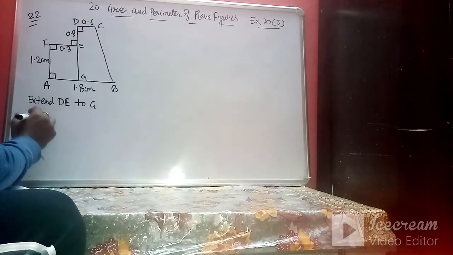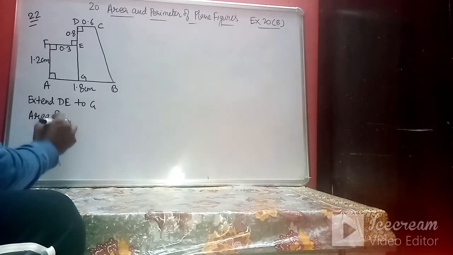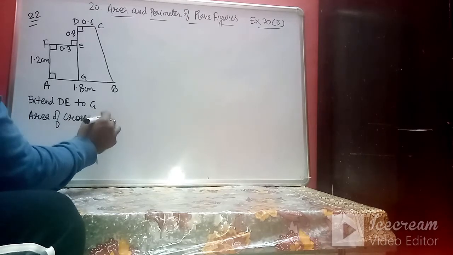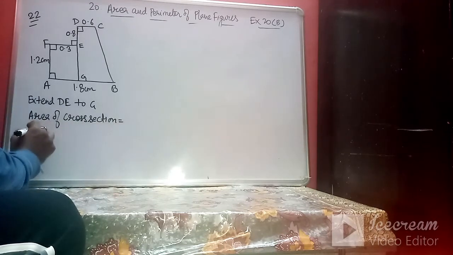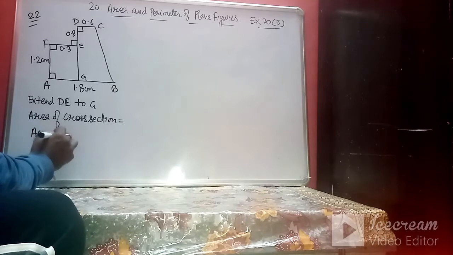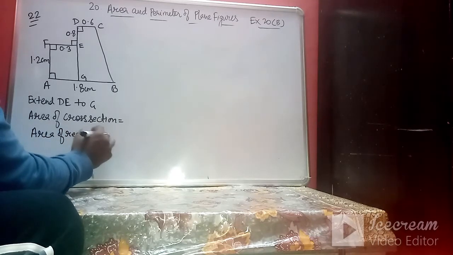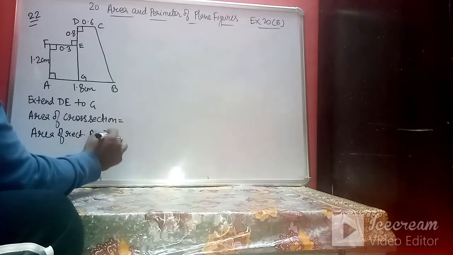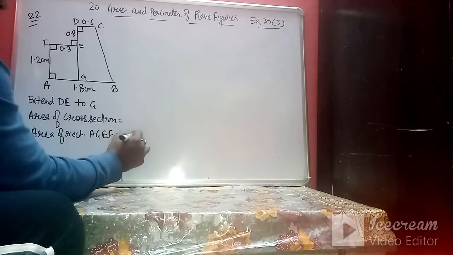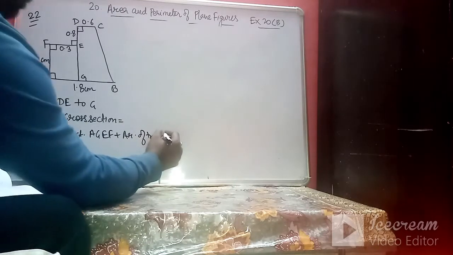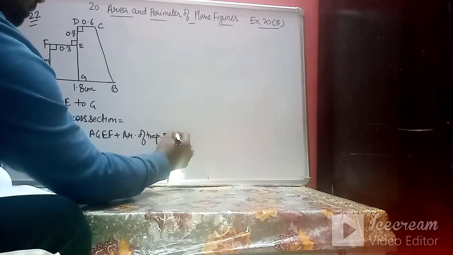So area of cross section will be equal to area of rectangle AGEF plus area of trapezium DGBC.